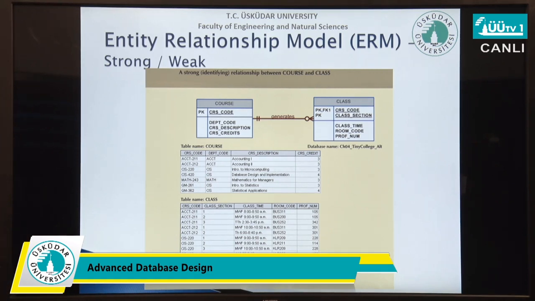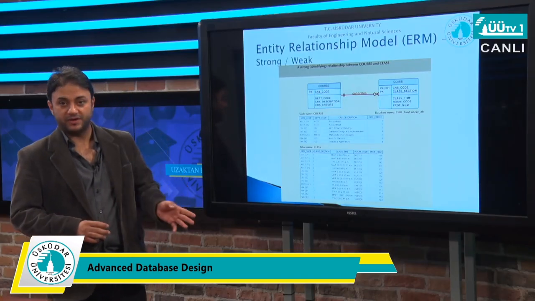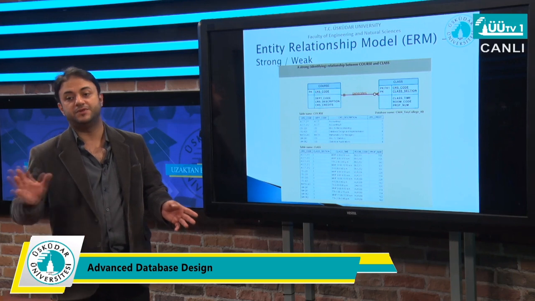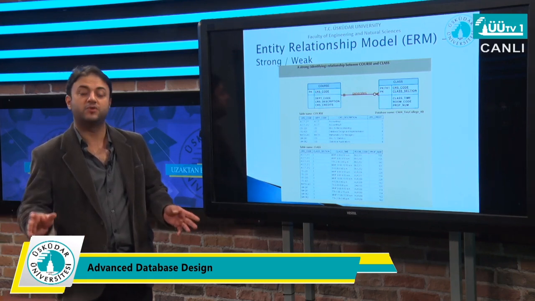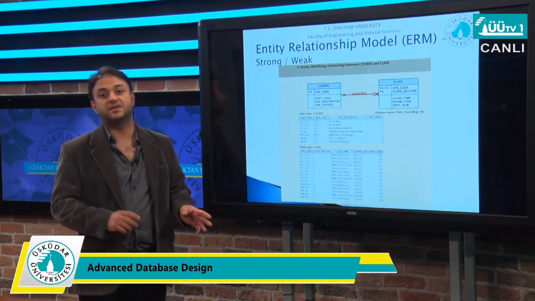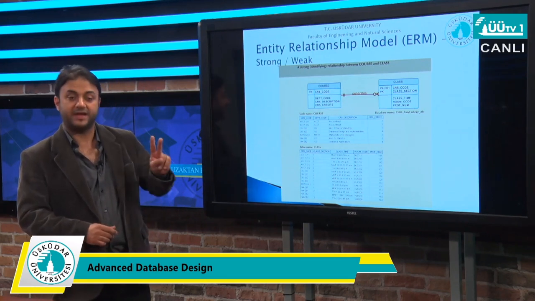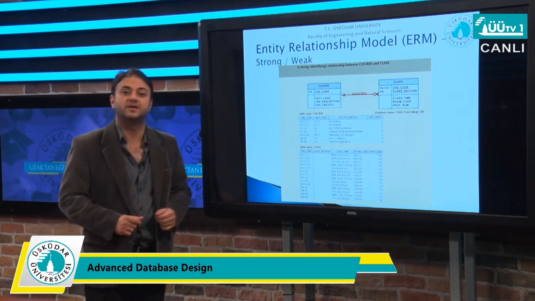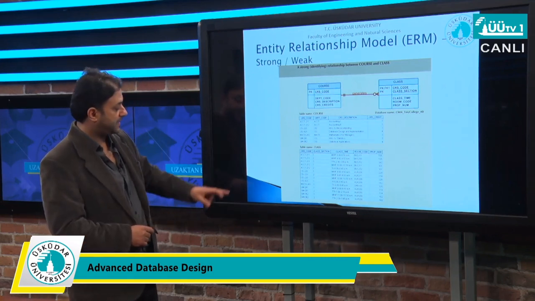So if the primary key in a certain entity just appears in the second entity as a foreign key, this is a weak relationship, a weak connectivity. And if the primary key in the first entity exists in the other entity as a primary key and a foreign key, okay, playing 2 roles, this means it's a strong relationship. Okay, this is the example.